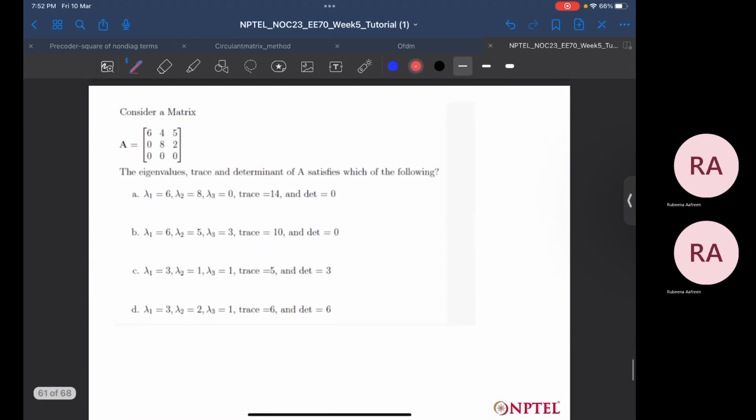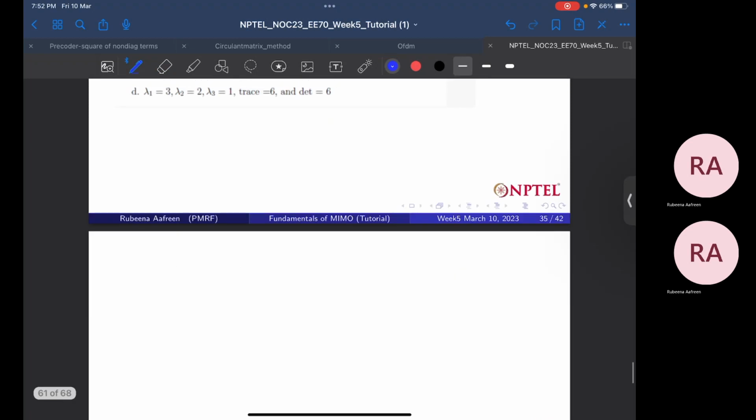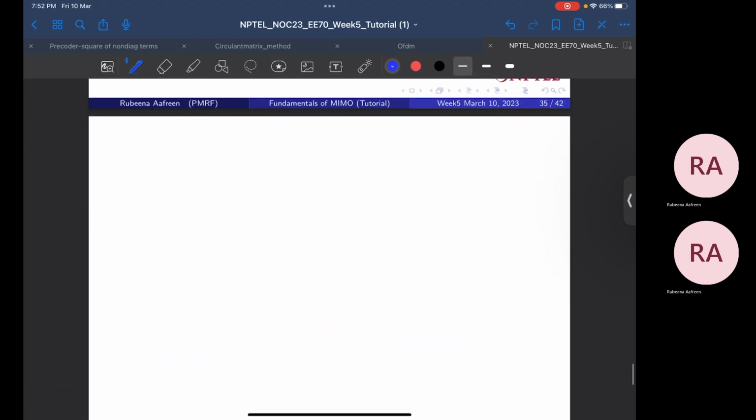So this one is an interesting one. This is also a pure linear algebra question. One matrix is given and then a very basic question: their eigenvalues, trace and determinant satisfy which of the following. Some properties you should know: the product of eigenvalues is the determinant of A, right?